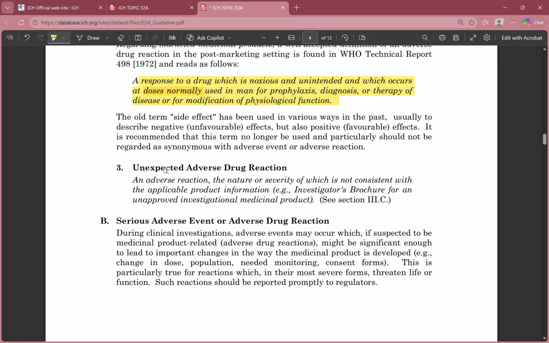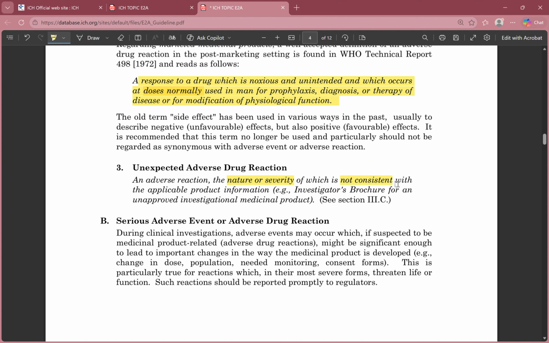Okay, so we have another point here, which is unexpected drug reaction. An adverse reaction, the nature or severity of which is not consistent with the applicable product information, investigator brochure for an unapproved investigational medicinal product. Alright, so when we look at this definition, we have a few things here, the nature and the severity first.